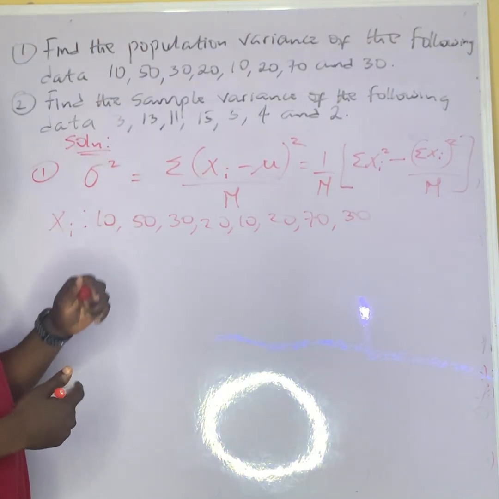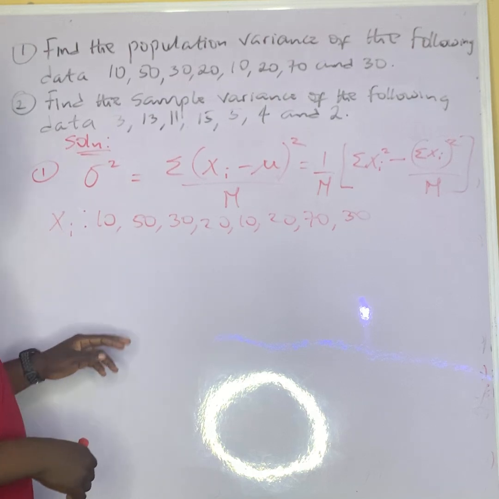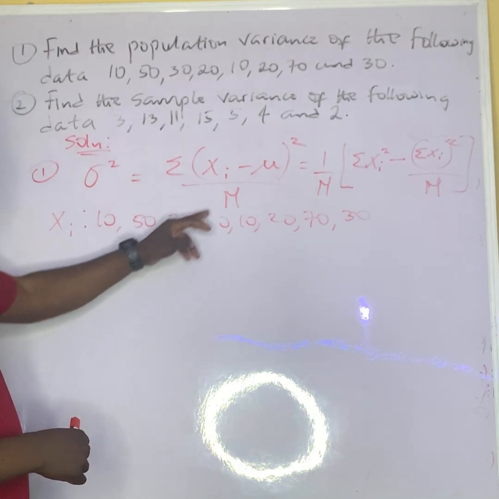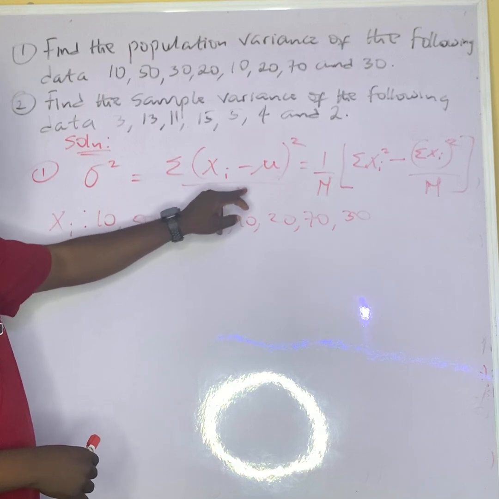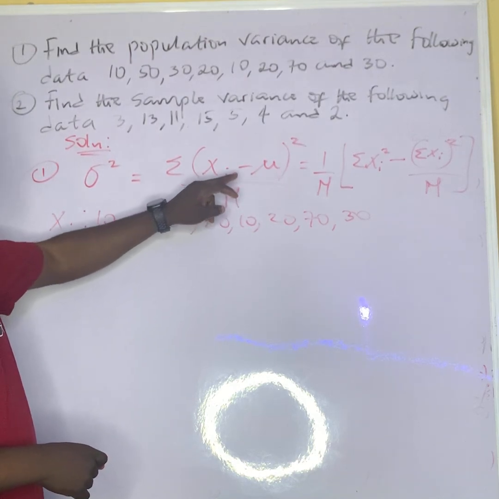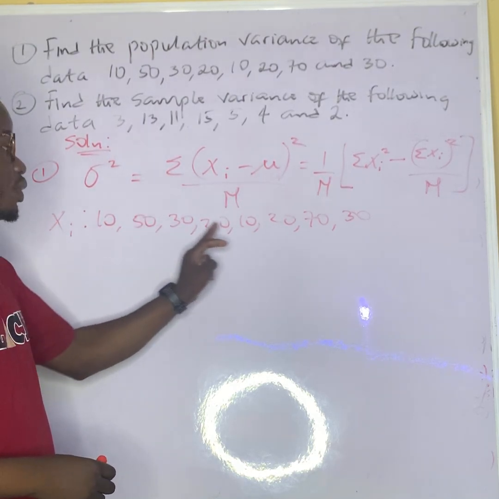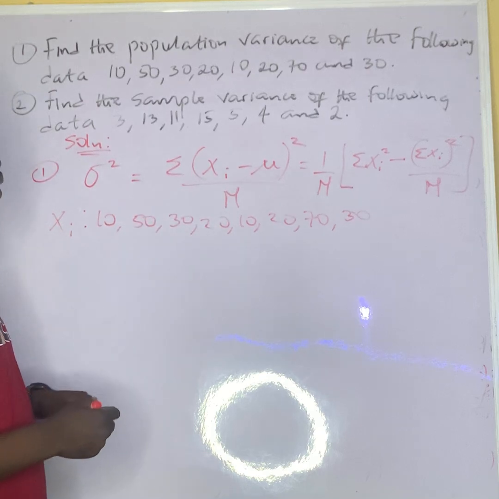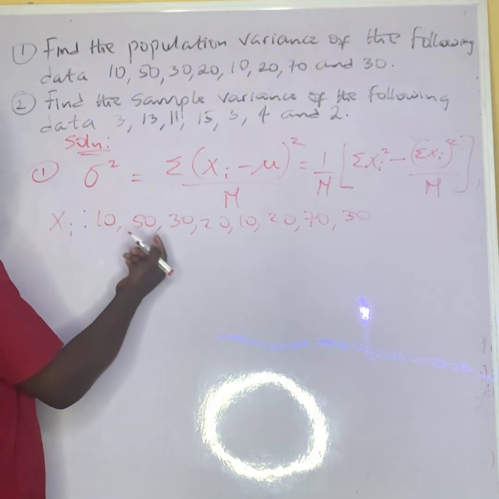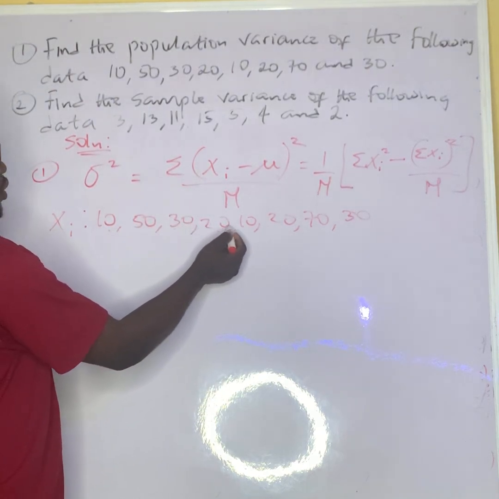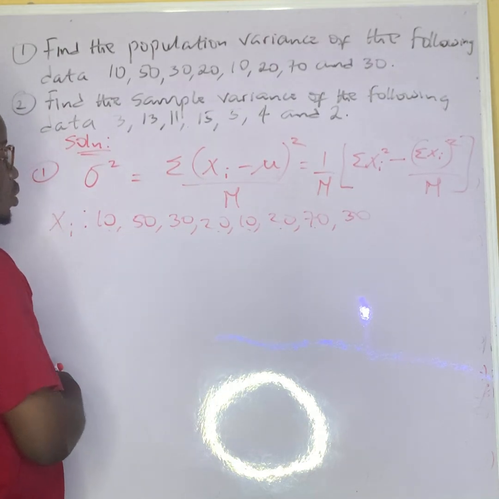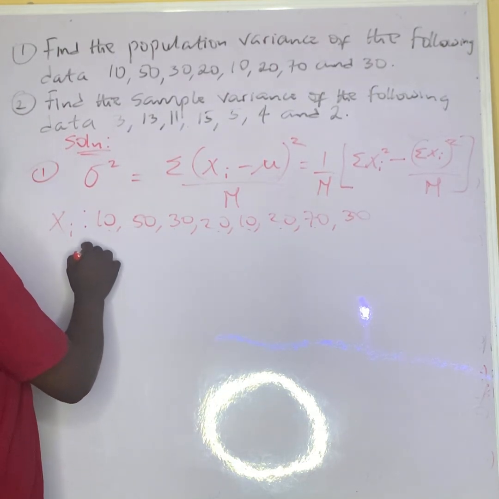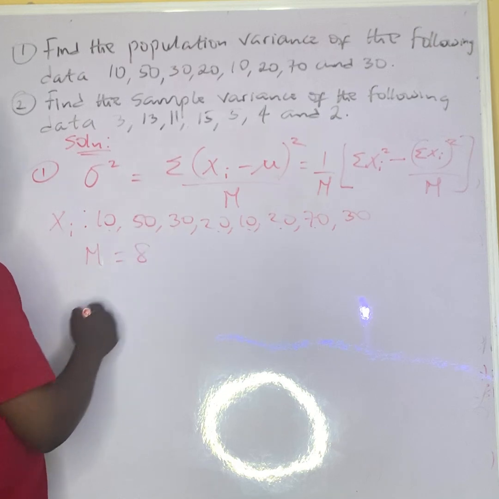These are the data given. Using the first formula, we need to find mu, the population mean, which is the addition of everything over big N. Our N is the number of observations: 1, 2, 3, 4, 5, 6, 7, 8. So we have 8 observations, which means our big N is equal to 8.